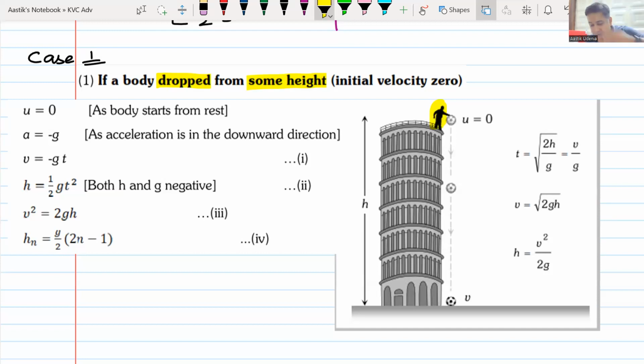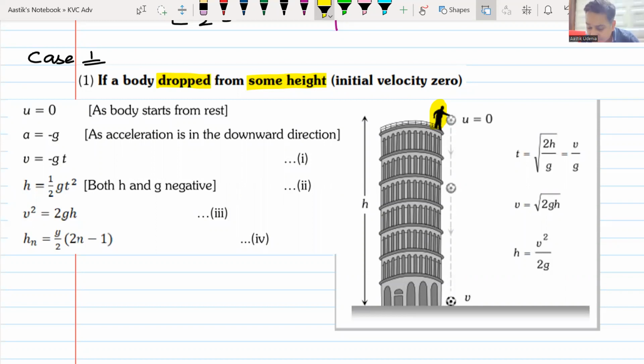What does this tell you? If I drop something from the top of the tower, what does this signify? What does that mean in terms of information given in the question? If a body is dropped from some height, what information does it give? About what thing does it tell you?